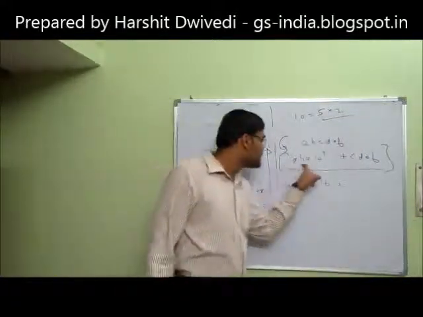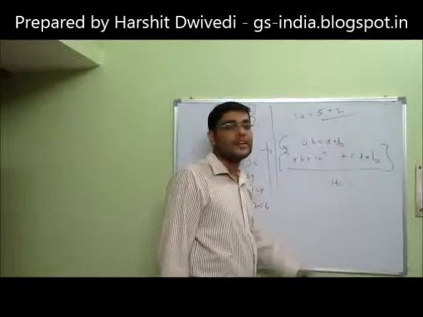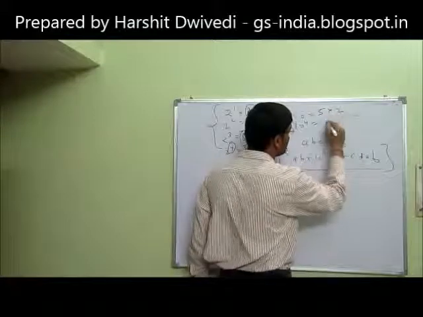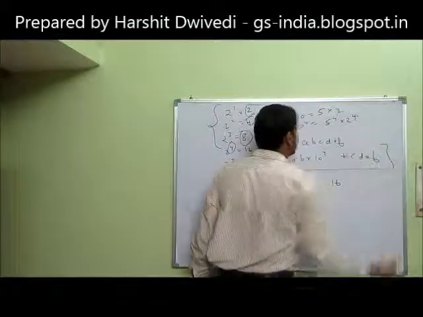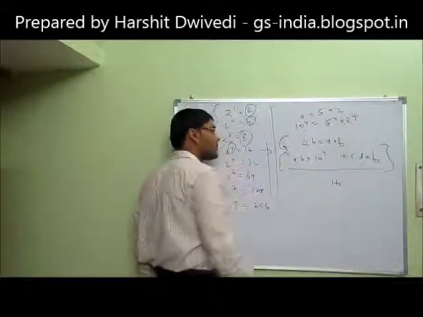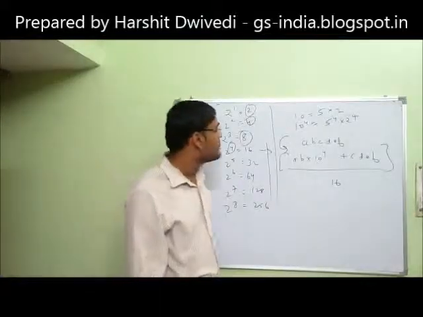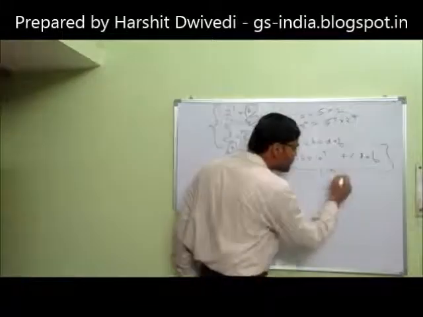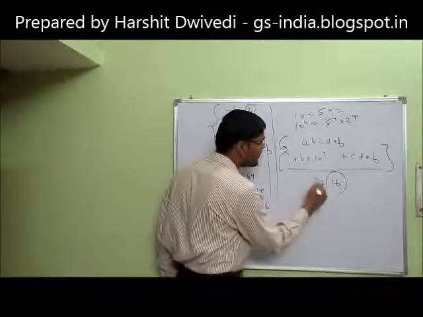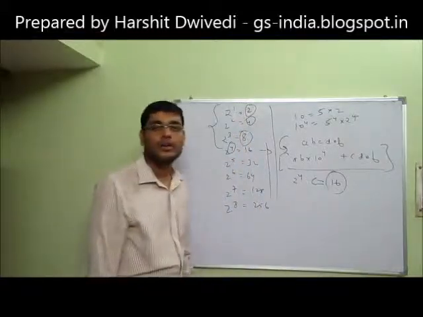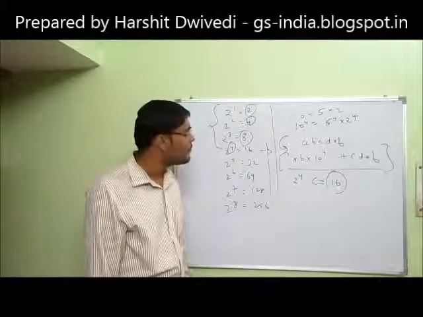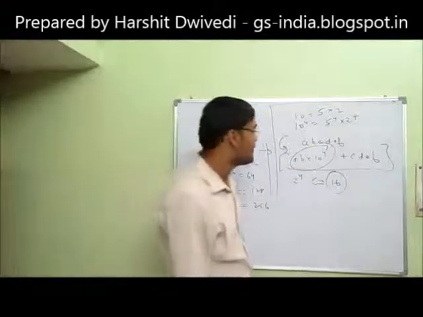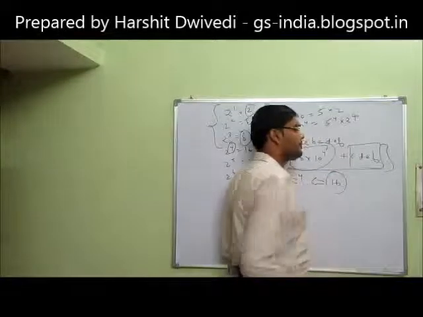So 10 to the power 4 will be equal to 5 to the power 4 into 2 to the power 4. So, this 10 to the power 4 consists of 4 2's, and in the denominator there are also 4 2's, because divisibility by 16 is 2 to the power 4. So obviously this part will be divisible, and the result will depend upon the remaining number.